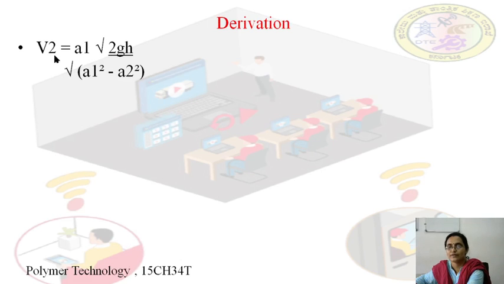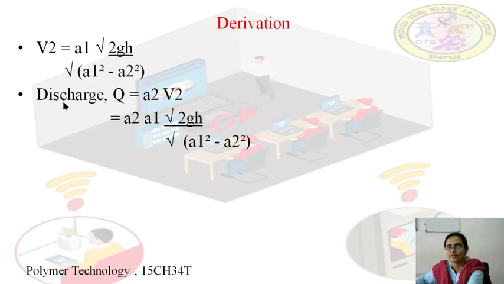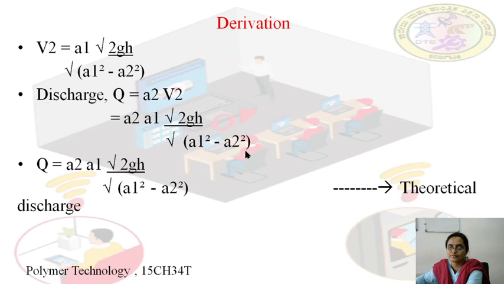We can obtain V2 as A1 into square root of 2gH by square root of A1 squared minus A2 squared. Then discharge Q equal to A2 V2, that is, Q equals A1 A2 root of 2gH by root of A1 squared minus A2 squared.